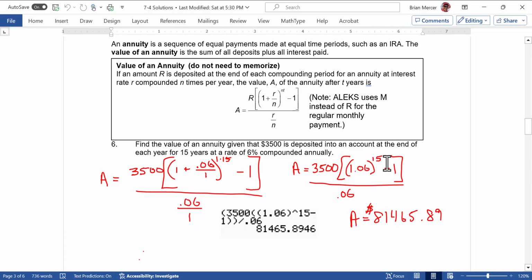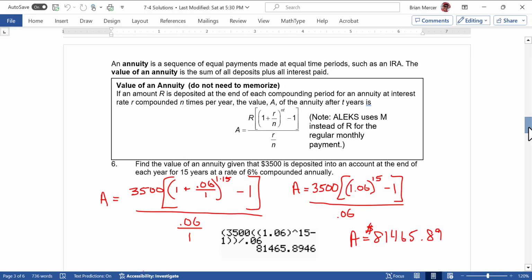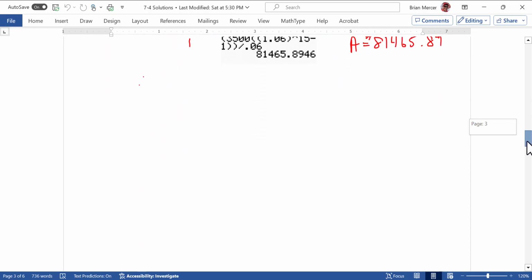It turns out a simplified version is that, and that's what we typed in the calculator to get this number. And so there's that $81,465. So that's how much it would be worth if you started putting that much money into an account every year for 15 years and you were earning 6%. So there's that.